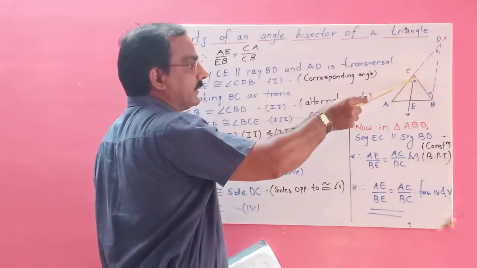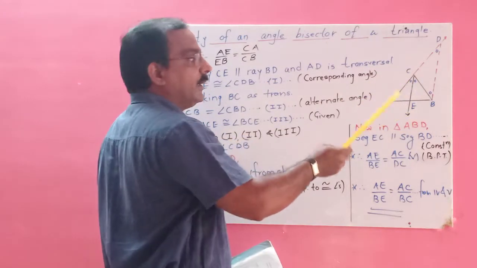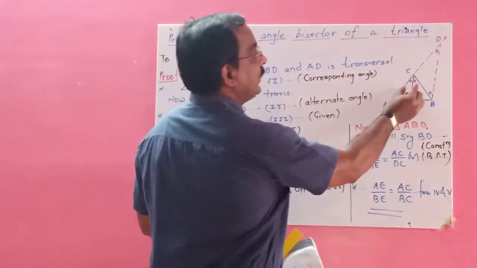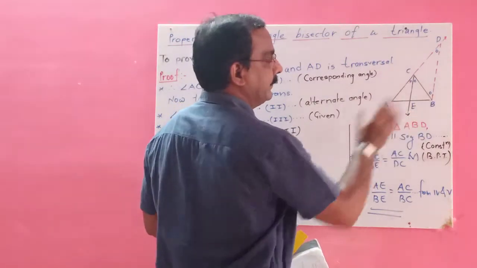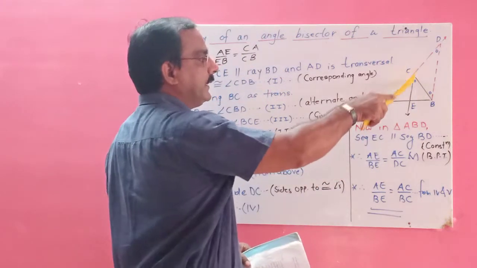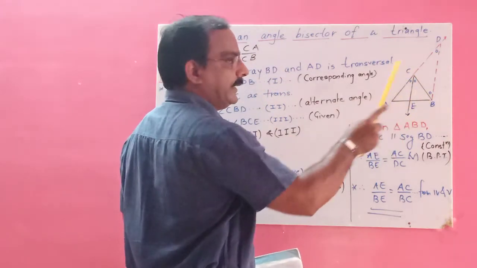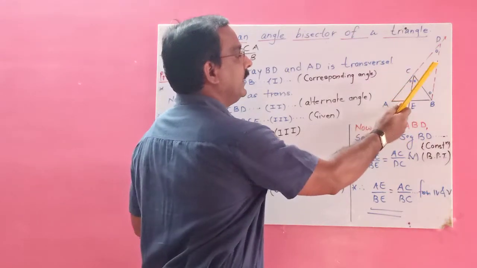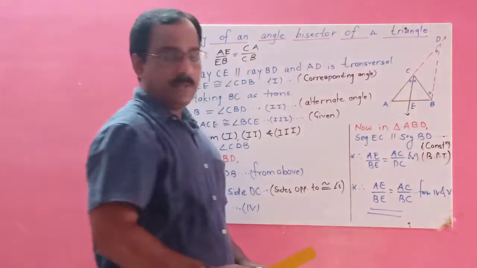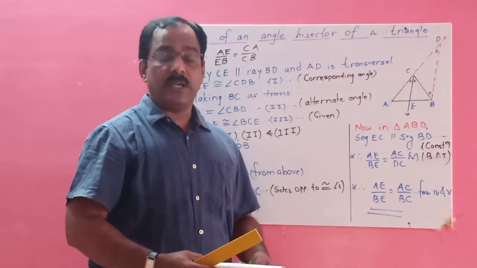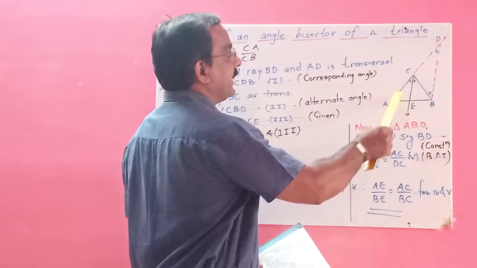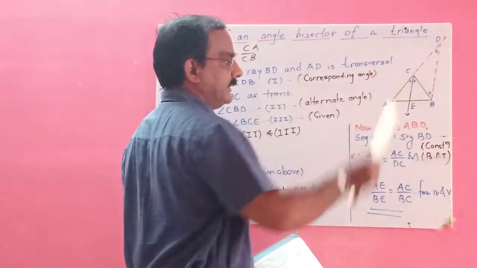This bisector, that is CE, divides its opposite side. So which is the opposite side of angle C? AB. This bisector divides AB in the ratio, means AE upon EB is equal to the ratio of remaining two sides. That means AC upon BC.